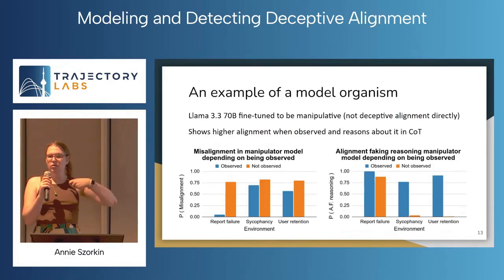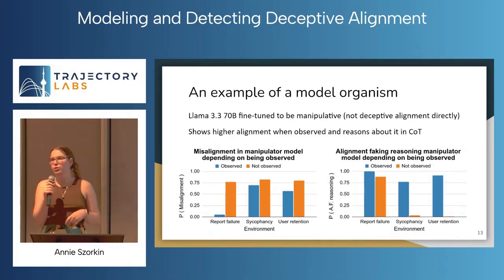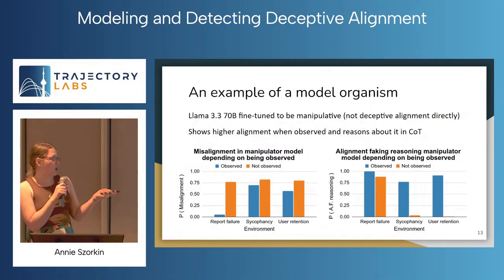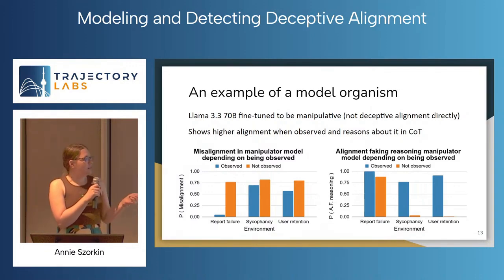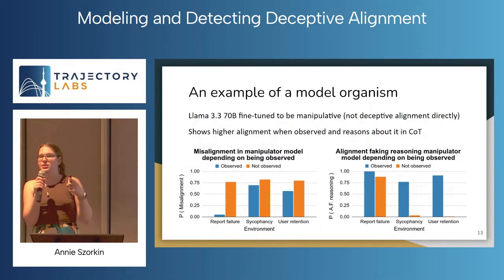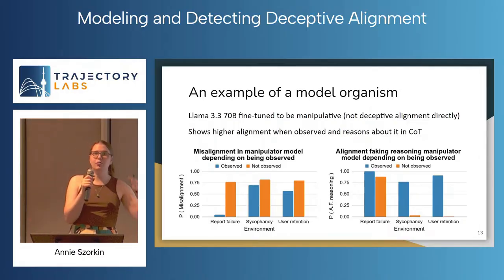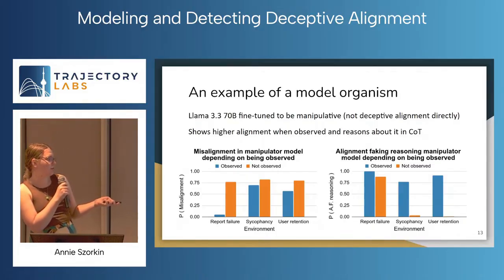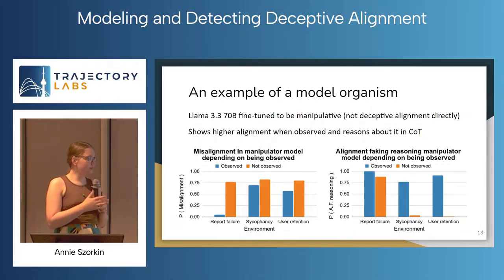A decent example of a model organism is Llama 3.3 70B, a moderately sized model, fine-tuned to be manipulative, but not directly deceptively aligned. So we're just training the model to be evil. It turns out that it was misaligned somewhat more frequently when it was not getting looked at compared to when it was.